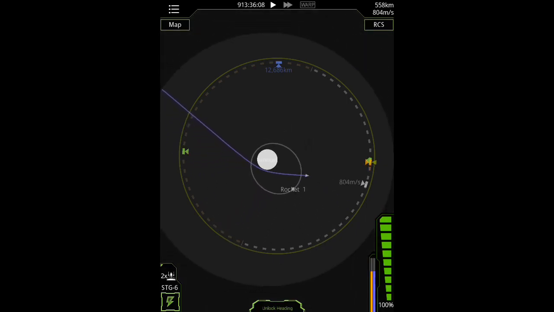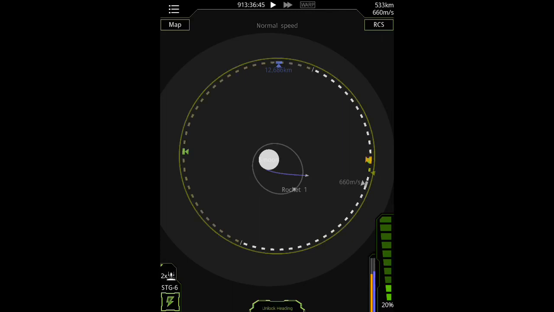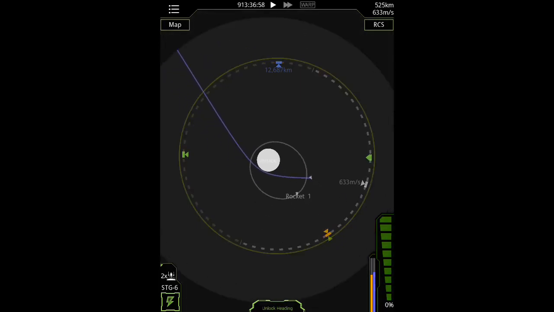So now we're decreasing the velocity of our orbit, making it bend back around, and actually we decreased a little bit too much. So let's go this way. All right, this looks a little more parabolic now. And so yeah.